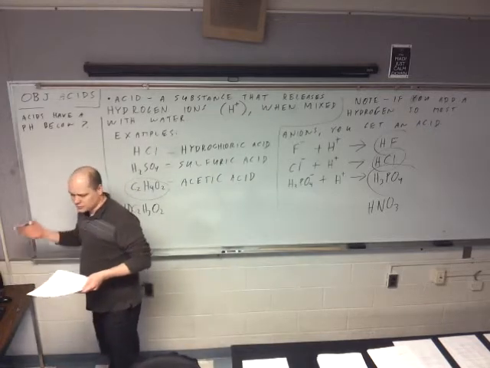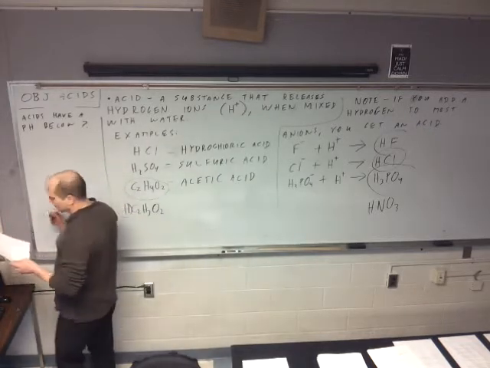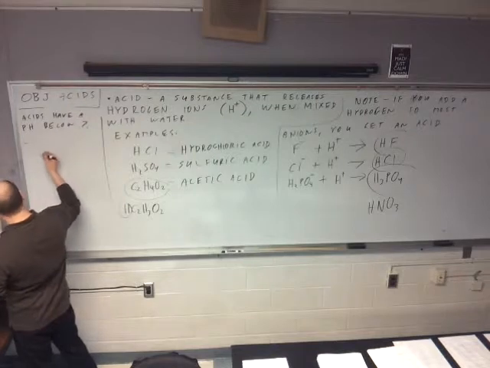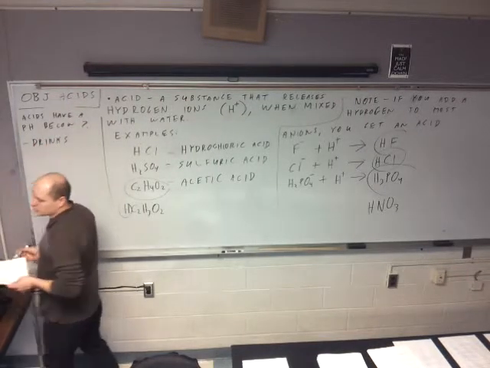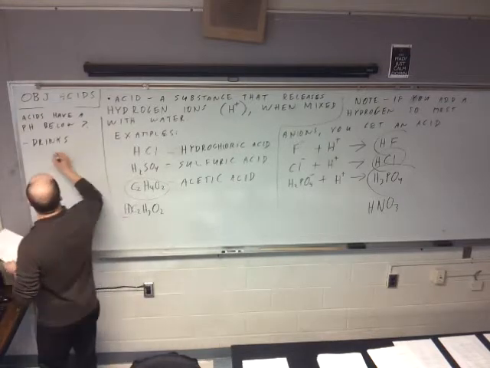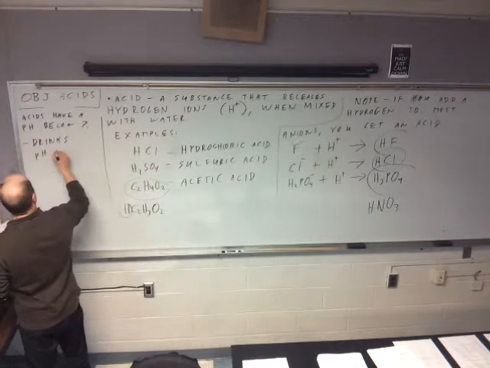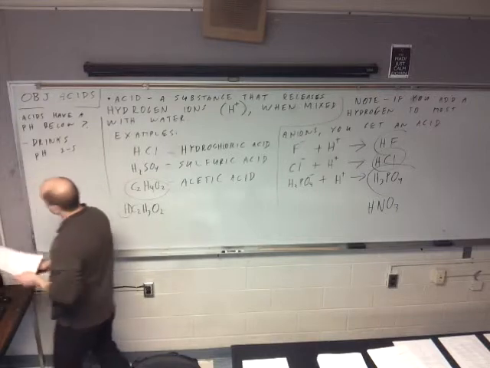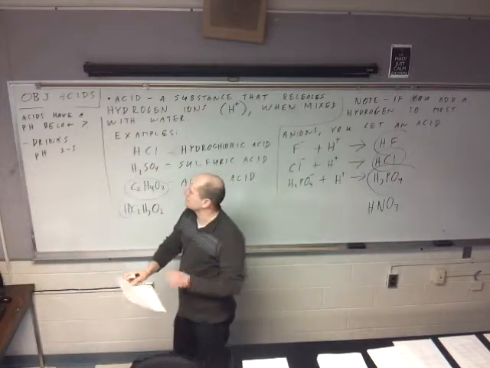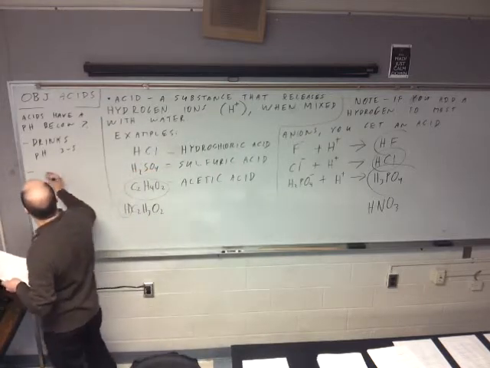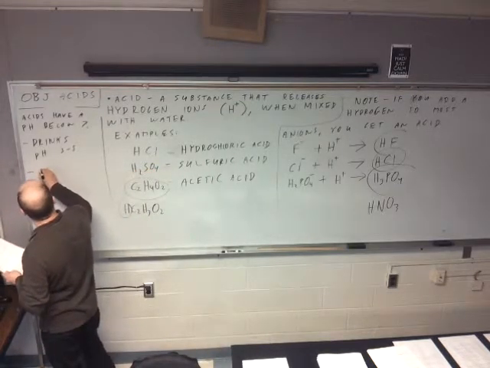Water is usually 7. Water could be 6 or 8. Let's give you a few examples here. Drinks: juices, coffee, things like that. The pH is going to be between 3 and 5. Lemon juice, vinegar, as I mentioned, these are all acidic. They're all acids.